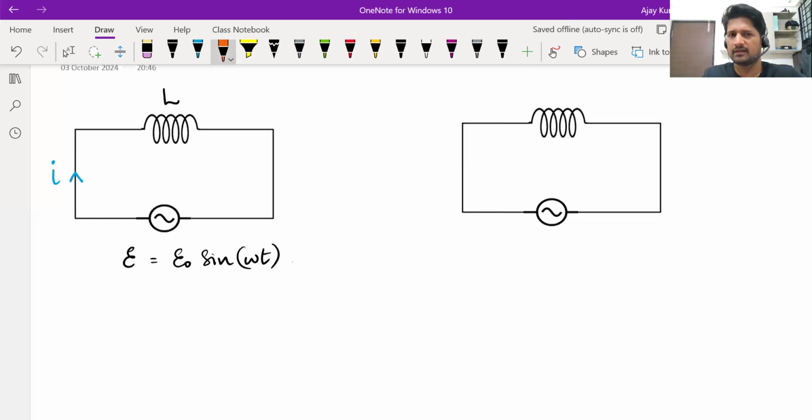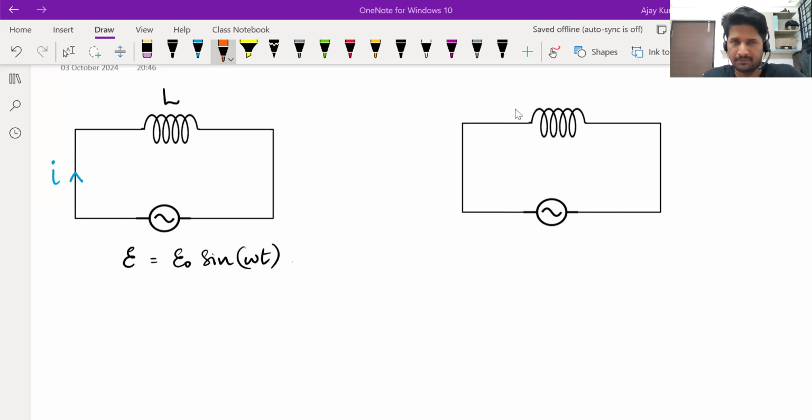Can one of you quickly recollect and tell me what was the phase difference between current and EMF when alternating EMF is applied across a capacitor? When EMF is zero, the current would be I naught.